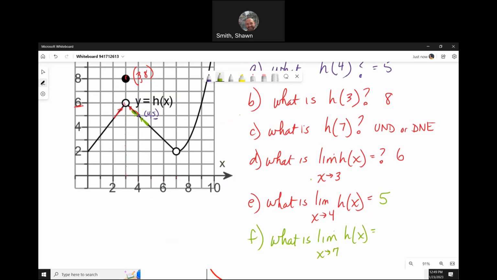So as we're getting closer and closer to 7, the y value is close to, that one's 2, right? The evaluation of it at 7 was undefined, but the limit still exists because you're not looking exactly at 7. You're looking at values that are close.